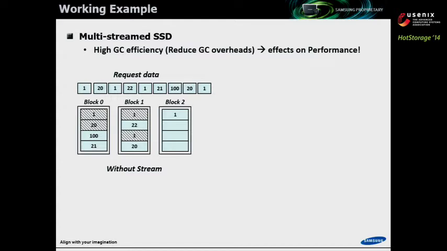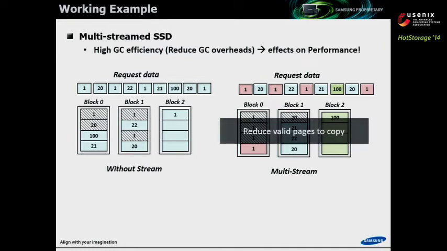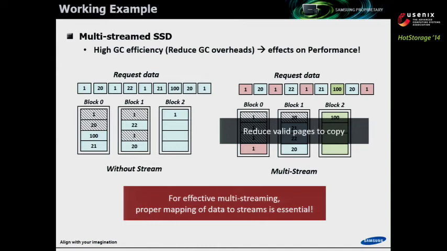If we use the multi-stream interface, data are placed according to their stream ID, so it will reduce the valid pages to be copied. But for effective multi-streaming, proper mapping of data to streams is essential. This means the host should know about the data properties exactly.